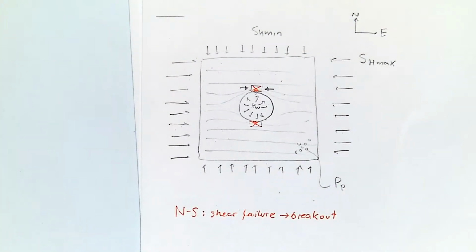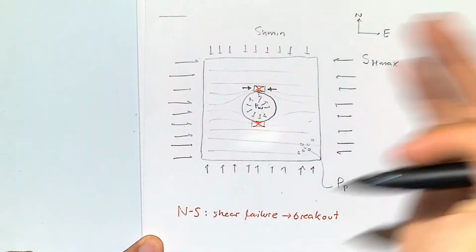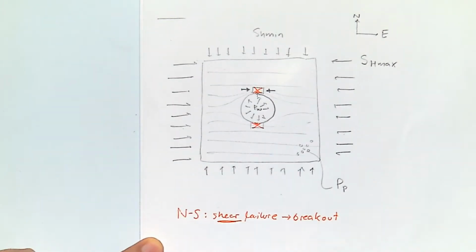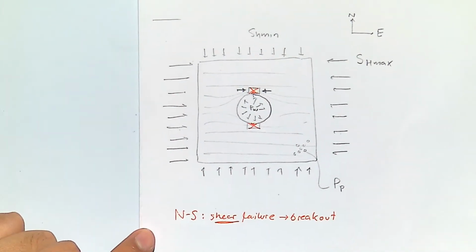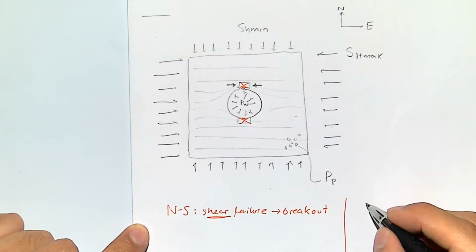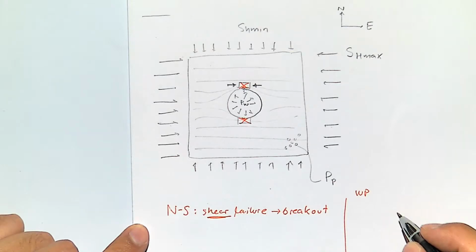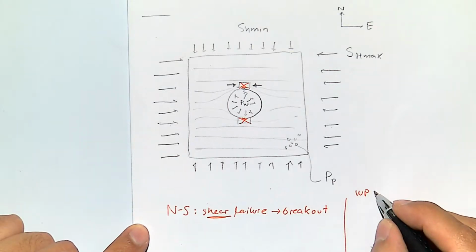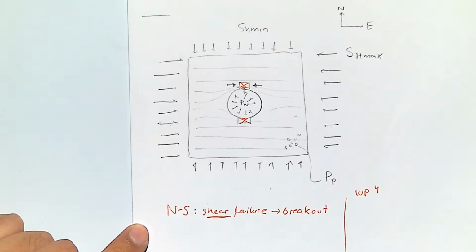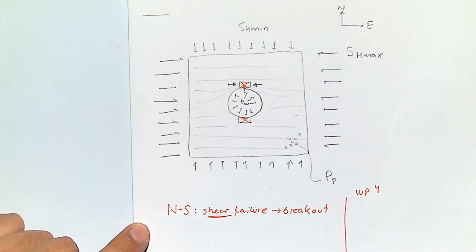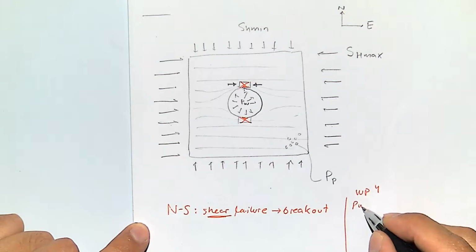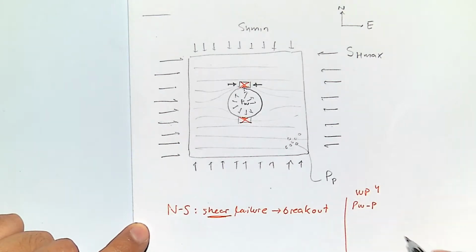In general, you will look for breakouts by checking a criterion of shear. In the project, which is weekly project number 4, the pressure in the wellbore is equal to 0, and you don't have pore pressure. So that's the same as saying that the pressure of the wellbore minus pore pressure is equal to 0.